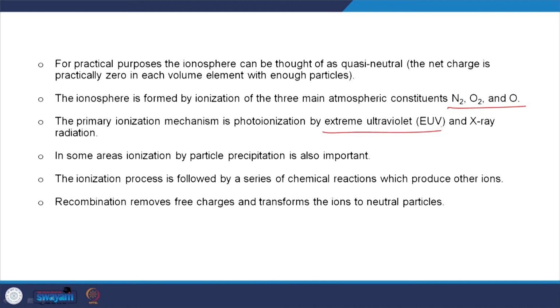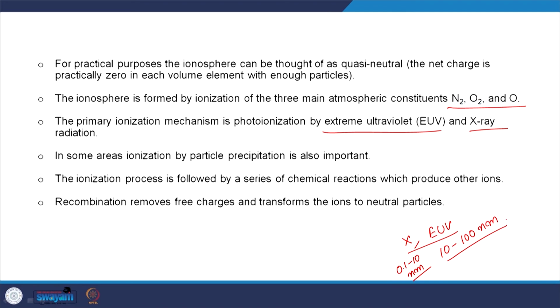Always remember these: X rays and extreme ultraviolet rays are the main wavelengths which produce the maximum amount of energy. Extreme ultraviolet is 10 to 100 nanometers and X rays are probably 0.1 to 10 nanometers.